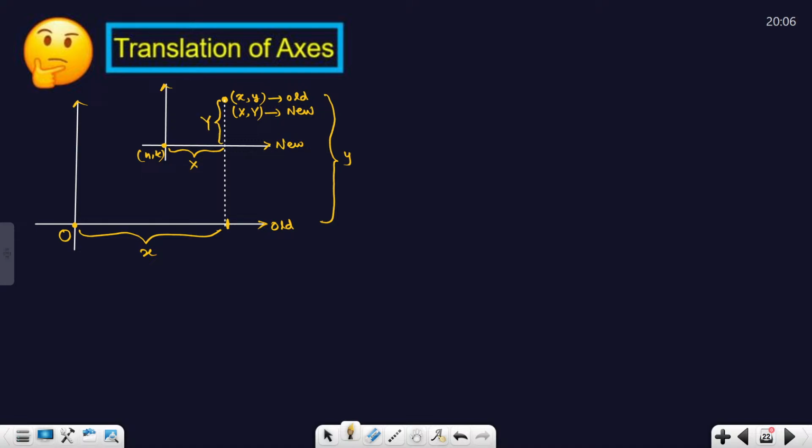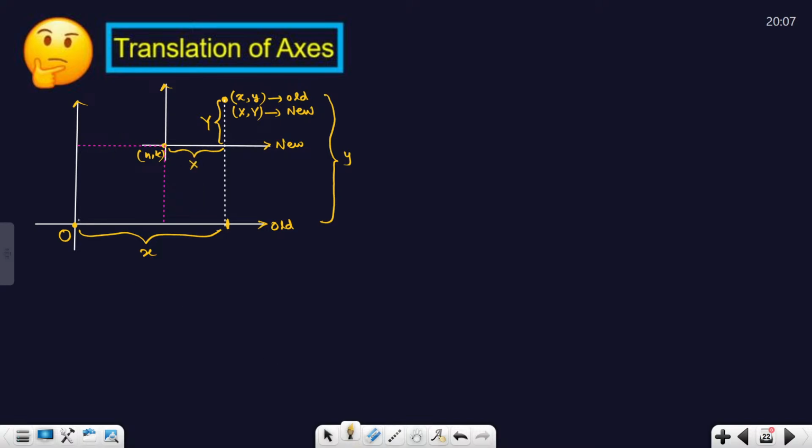Okay. Now, see one thing. Let me just draw a perpendicular from this point on the x-axis, and a perpendicular on the y-axis. Now think about it.